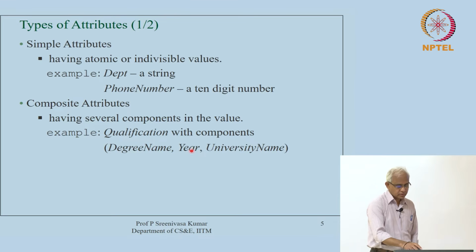So, these are the various components that we can imagine to be present in the qualification attribute. These kinds of attributes are called composite attributes.